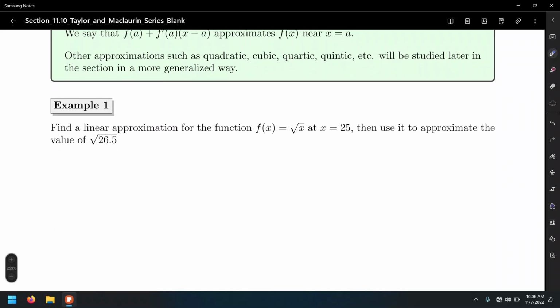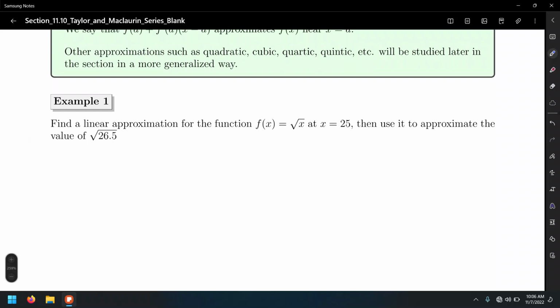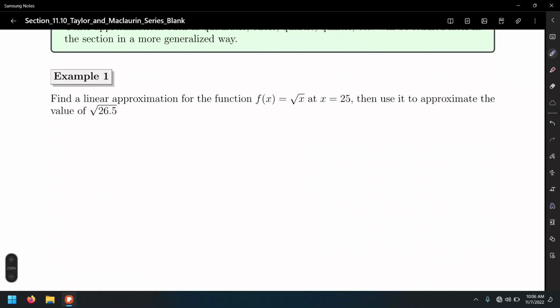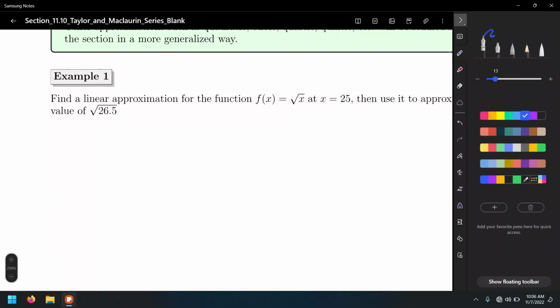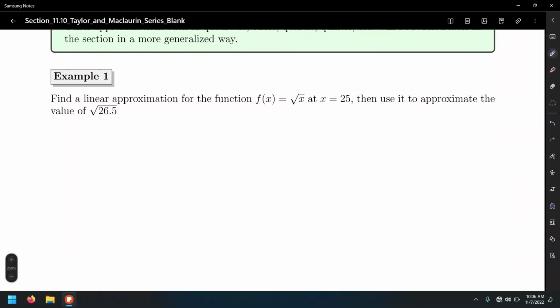Find a linear approximation for the function f of x equals the square root of x at x equals 25, and then use it to approximate the value of the square root of 26.5. There are two elements we need to come up with a linearization: the point and the slope.